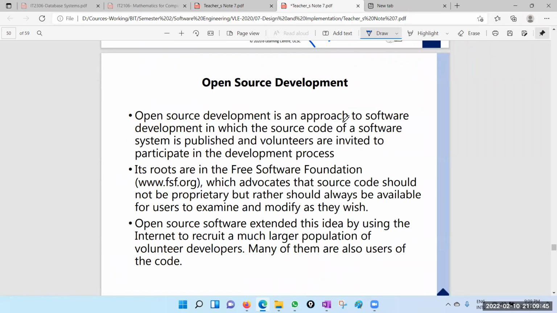Open source development is an approach to software development in which the source code of the software system is published. If you publish the source code to anyone, that is open source development. Mostly what we develop is not open source code. We develop something and we give that code only to the customer. We don't give it to anyone in the world, because the customer is the one who is spending money, investing, right?